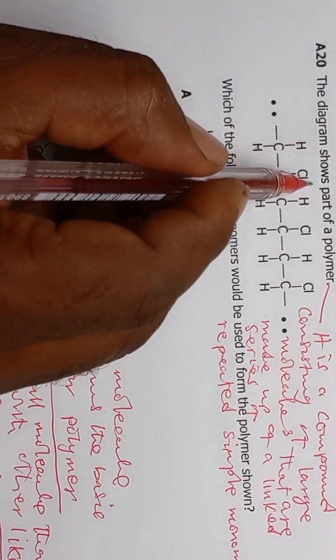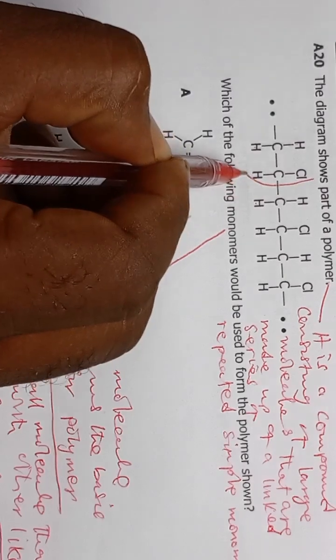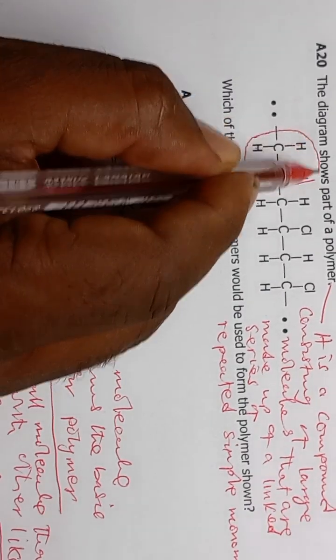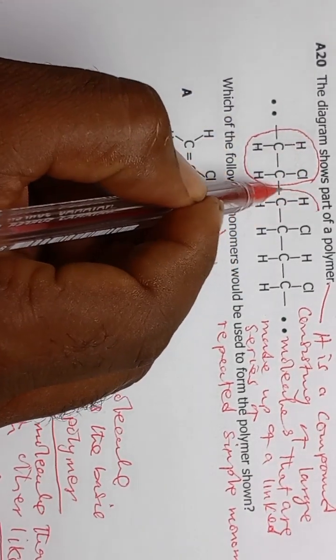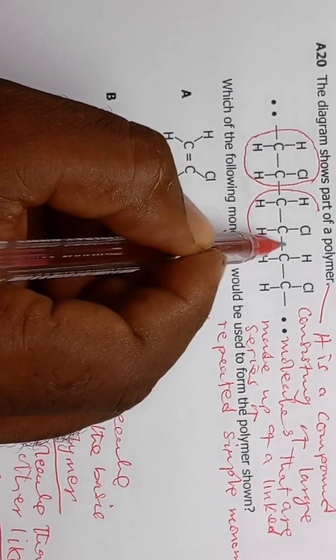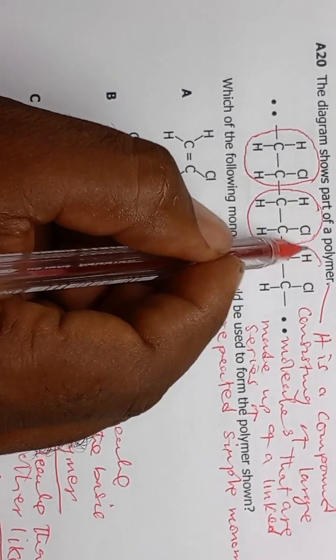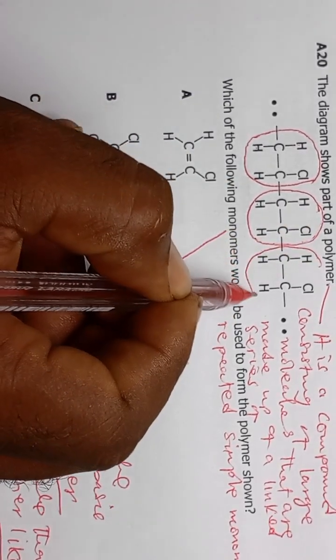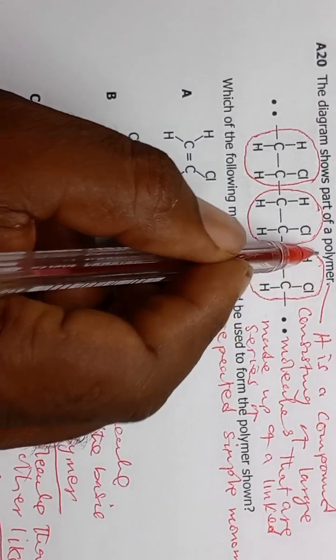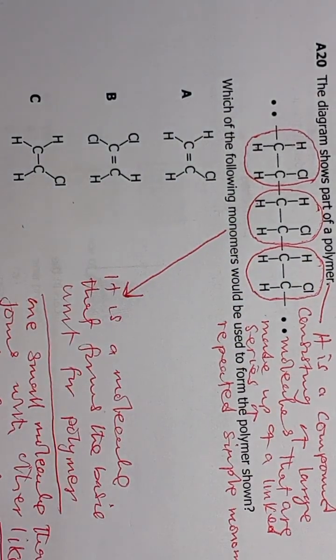So this is a repeating unit. And this is also a repeating unit. These monomers are joined together to form a polymer.